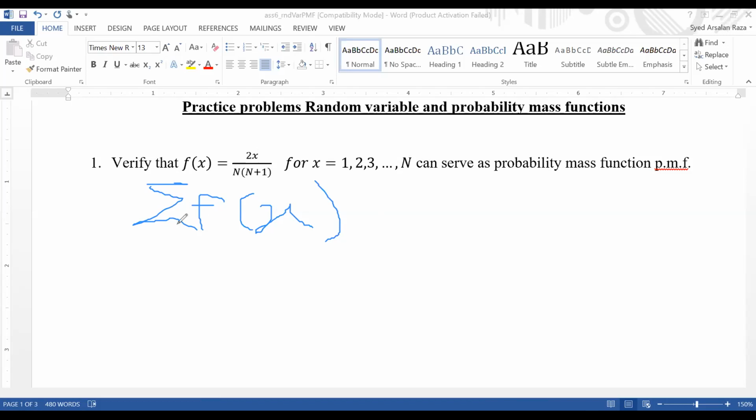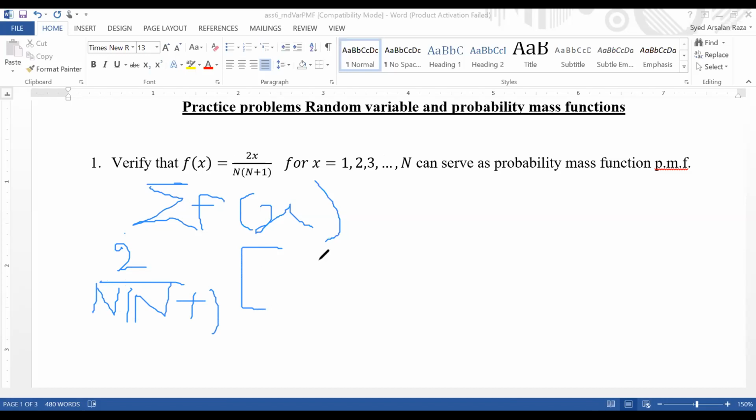So in a specific situation, n is constant. If we have a constant inside the summation, you can take the constant outside. If I take the constant outside, then this becomes 2 upon n into n plus 1. And in the bracket, you have summation x.